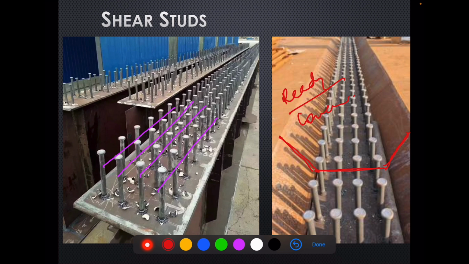In this concrete, these shear studs will go inside the concrete, and that is how the concrete and steel structural members are united to take the loads as one unit.